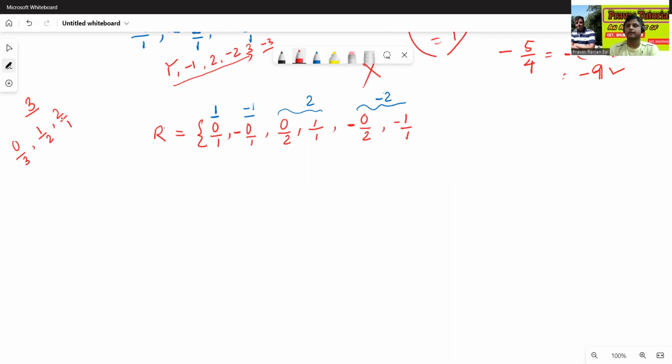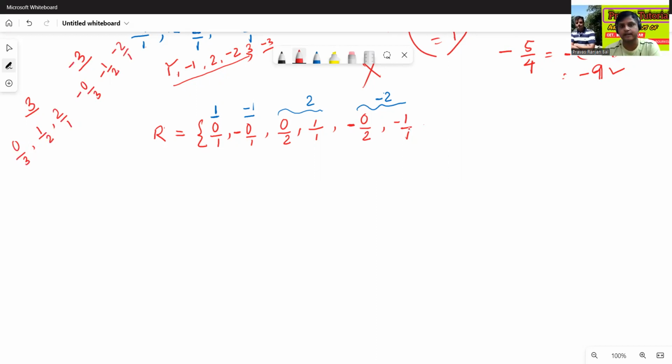Here the p plus q value is 3: 1 plus 2 is also 3, 2 plus 1 is also 3. Similarly, how to get minus 3? Minus 0 by 3, minus 1 by 2, minus 2 by 1. In this way, we can write.